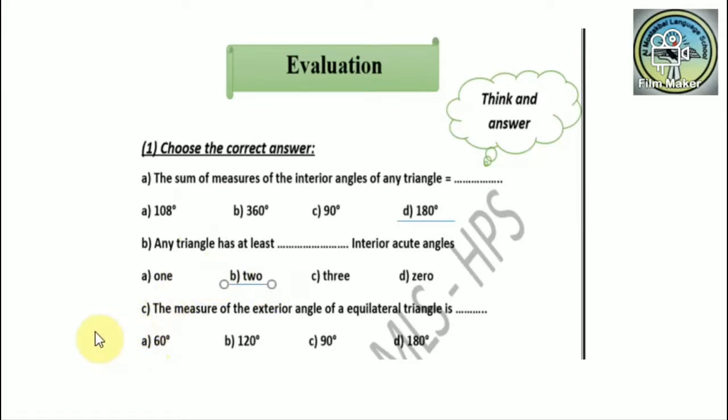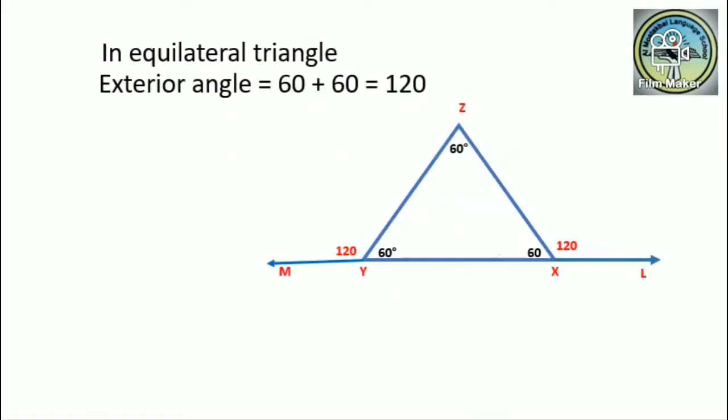Question letter C. The measure of the exterior angle of an equilateral triangle. Hamza, can you tell me what is the meaning of equilateral triangle? Yes, equilateral triangle means the triangle whose three sides are equal and whose three angles are also equal.